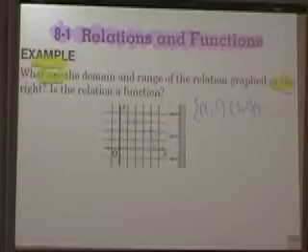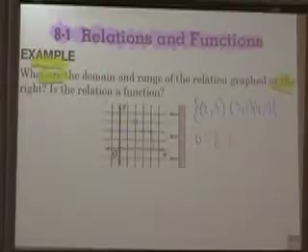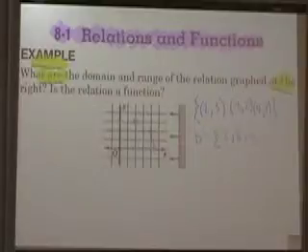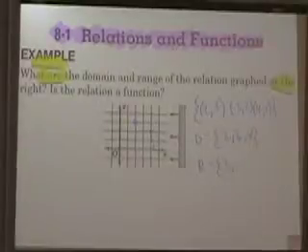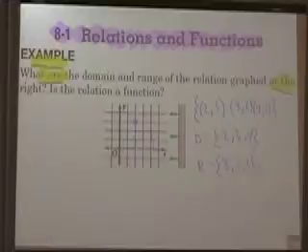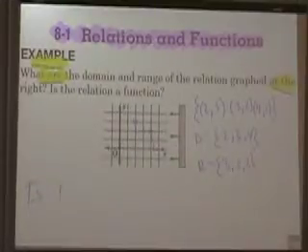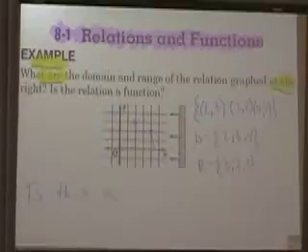Now, our domain is what? 2, 3, and 4. Our range is what? 3, 2. Now, another way you can tell whether it's a function. Your question is: is this a function?